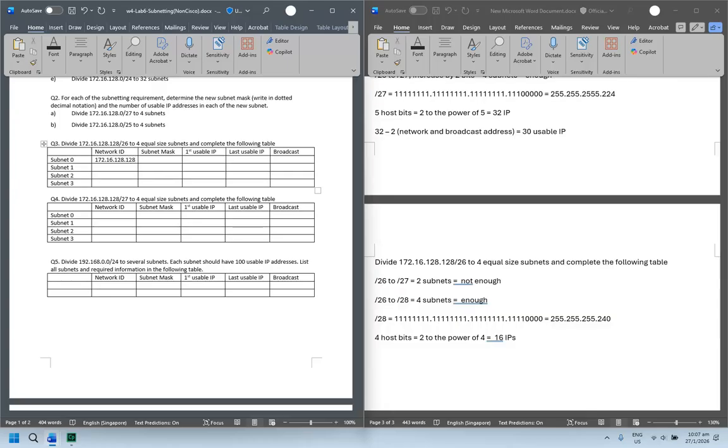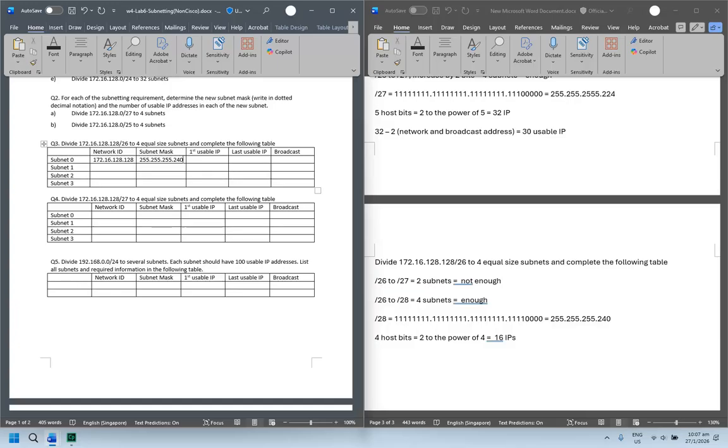So this address will be the new network ID of the first group, followed by the new subnet mask that we are going to use. Previously we learned that given the IP address and subnet mask, we are able to use binary bit conversion to eventually get our broadcast, first usable and last usable.